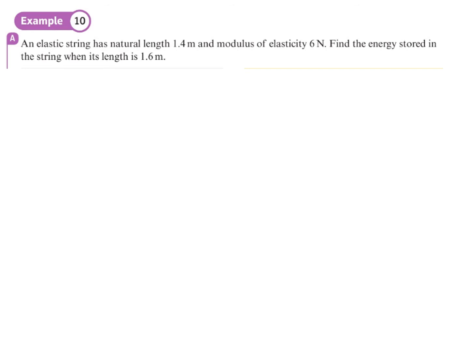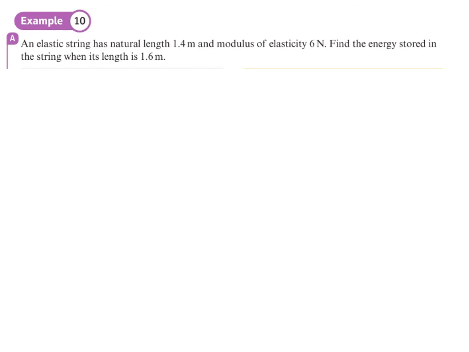Okay, so in this question we've got an elastic string that has a natural length of 1.4 meters and a modulus of elasticity of 6 newtons. You've got to find the energy stored in the spring, so the elastic potential energy, when the length is 1.6 meters. So what have we got?